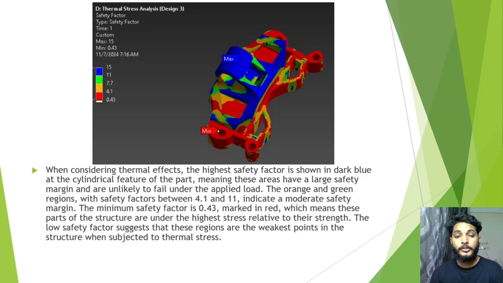The minimum safety factor is 0.43. Just now I told you that the base is marked in red, which means this part of the structure is under the highest stress relative to its strength. So the low safety factor suggests that this region is the weakest point of the structure when subjected to thermal stress.